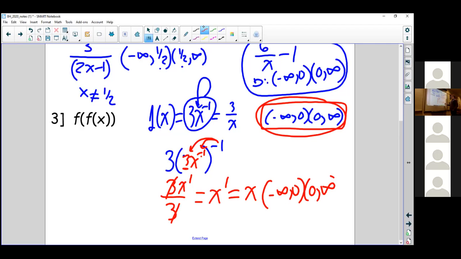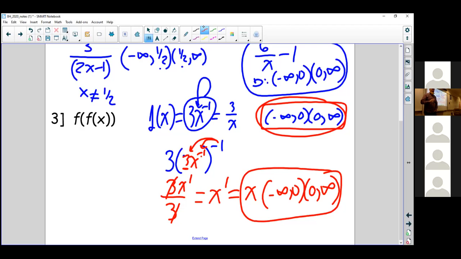And that's a little bit complex to think about because if you have x just sitting by itself, it shouldn't have any restrictions. But because originally we had a restriction, then the answer has to have at least that restriction, if not more. Okay? Does that make sense, friends? That's a tougher concept to think about.